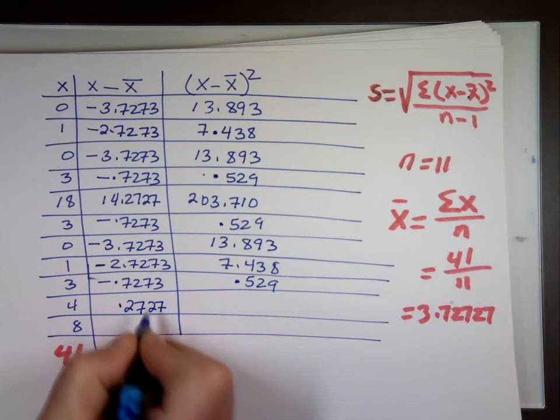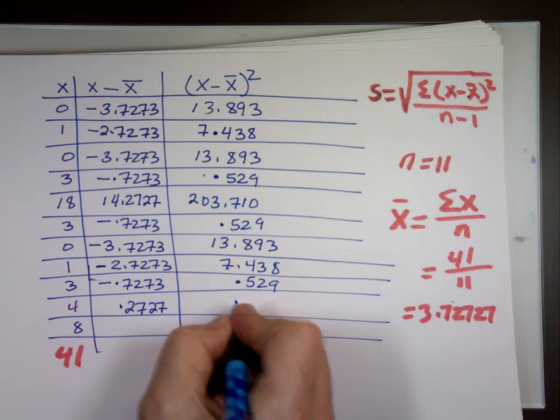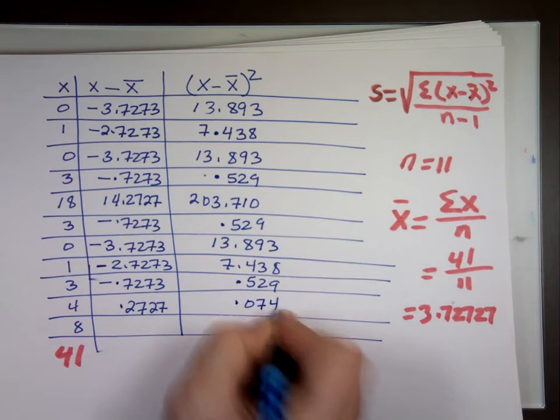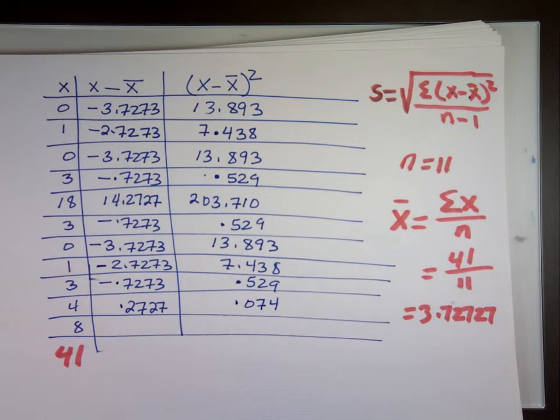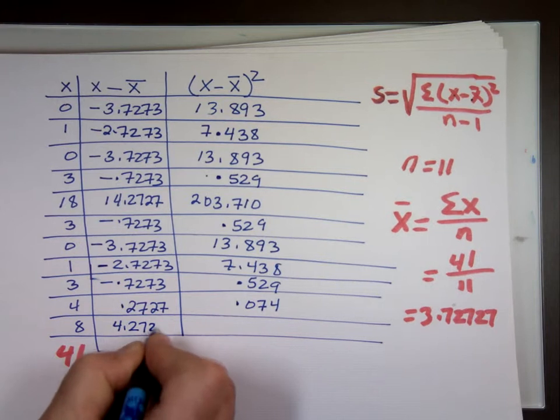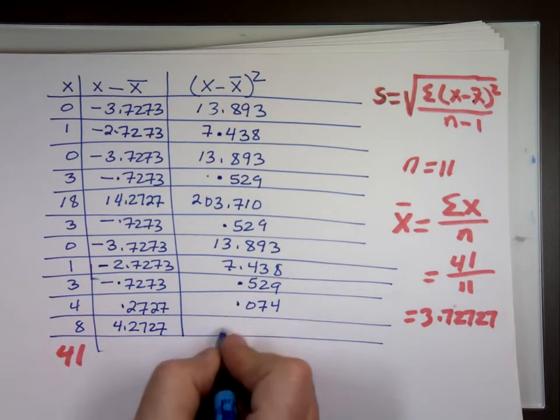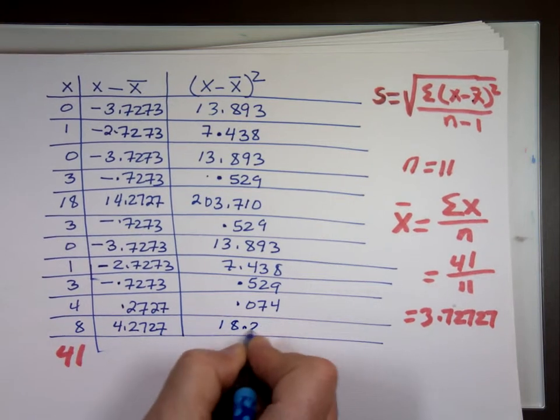Square that. 0.074. 8 minus 3.7273 is 4.2727. Square that. 18.256.